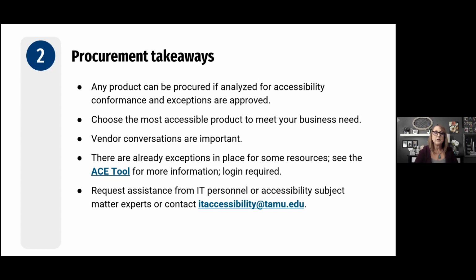Even ask them questions like, how do visually impaired individuals access your resource, or what considerations did you make for those with hearing difficulties. You can ask very open-ended questions that really help you gauge where the vendor is with respect to accessibility.